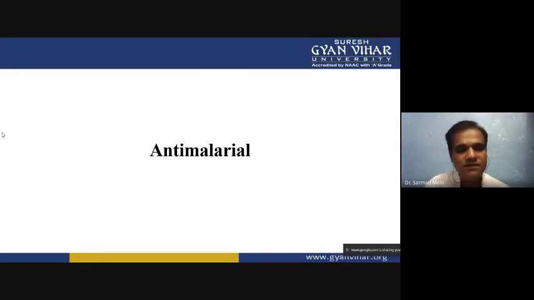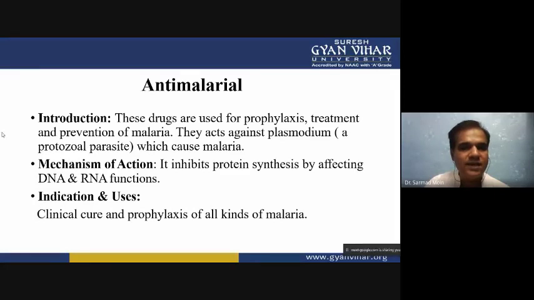These types of drugs are used for prophylaxis, treatment, and prevention of malaria. They act against plasmodium, which is a protozoan parasite and the main cause of malaria, and it uses the mosquito as a vector, transferring only through the mosquito.